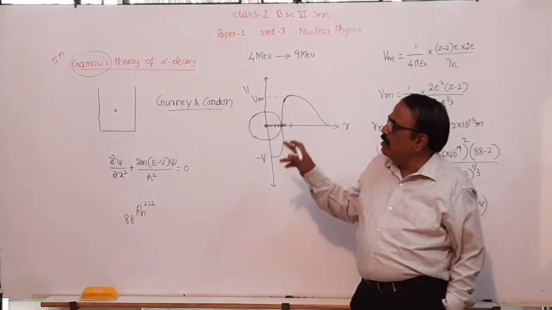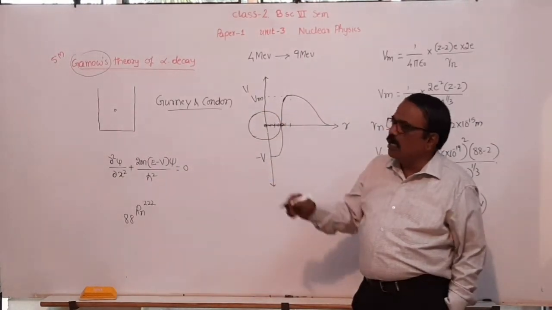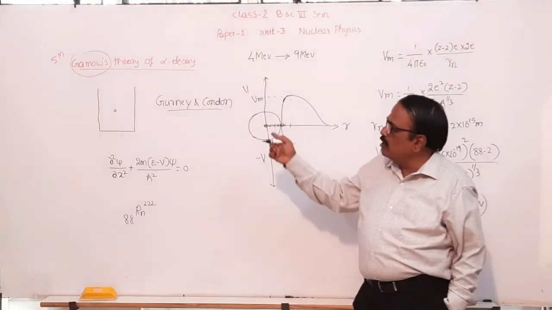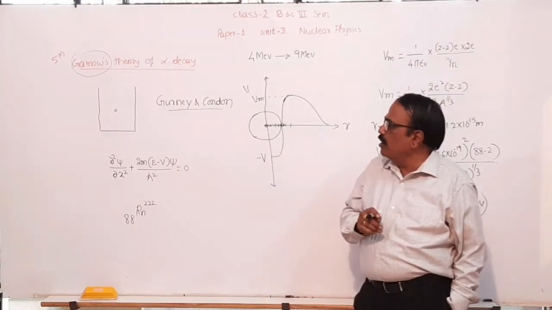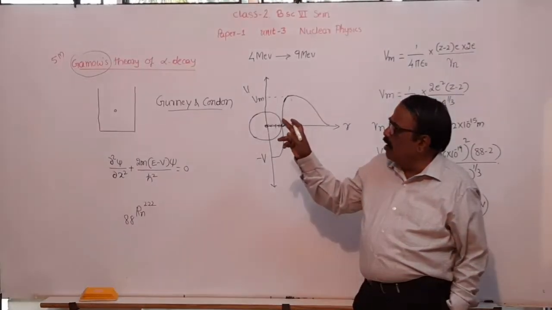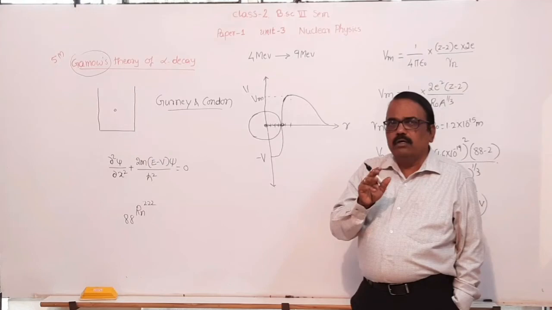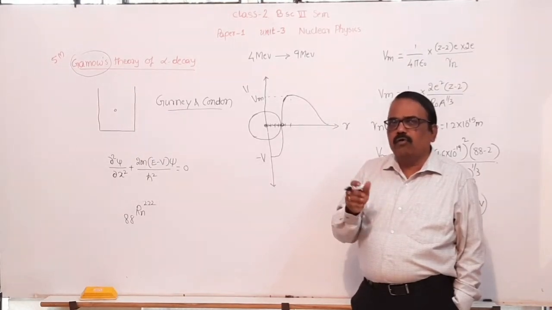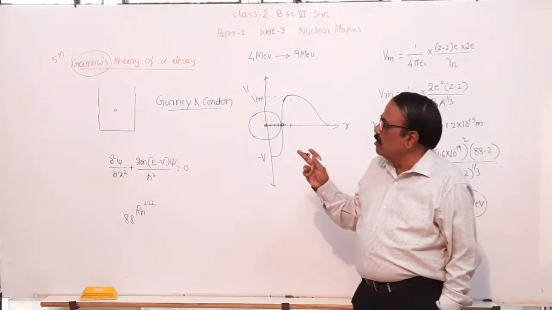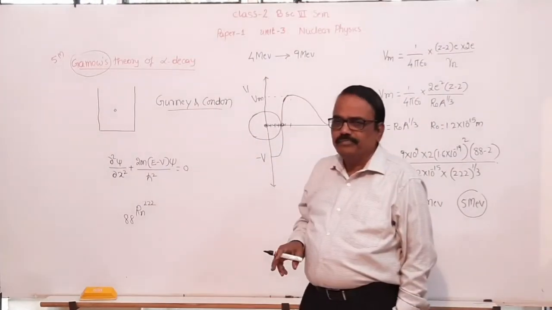They have explained on the basis of wave mechanical theory. Initially Gamow tried it independently of the other scientists, Gurney and Condon. Next we should know how Gamow, Gurney and Condon have applied the quantum mechanical theory, or wave mechanical theory, to this alpha emission.